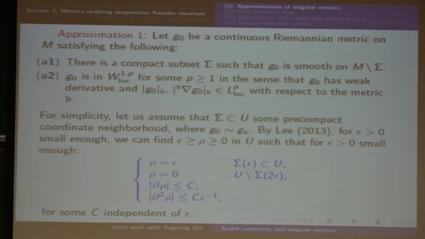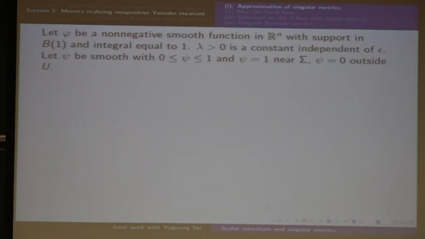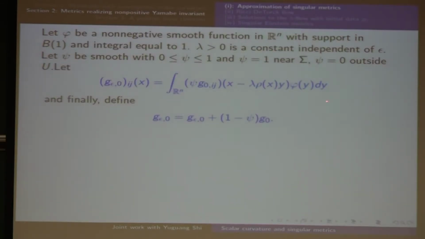We can find such a smooth function. We just use the distance function, etc., and then use modification. Then we take a non-negative function, just a modifier, and let psi be a cutoff function, so that psi equals 1 near sigma and psi equals 0 outside the coordinate set. Then we have the first approximation.